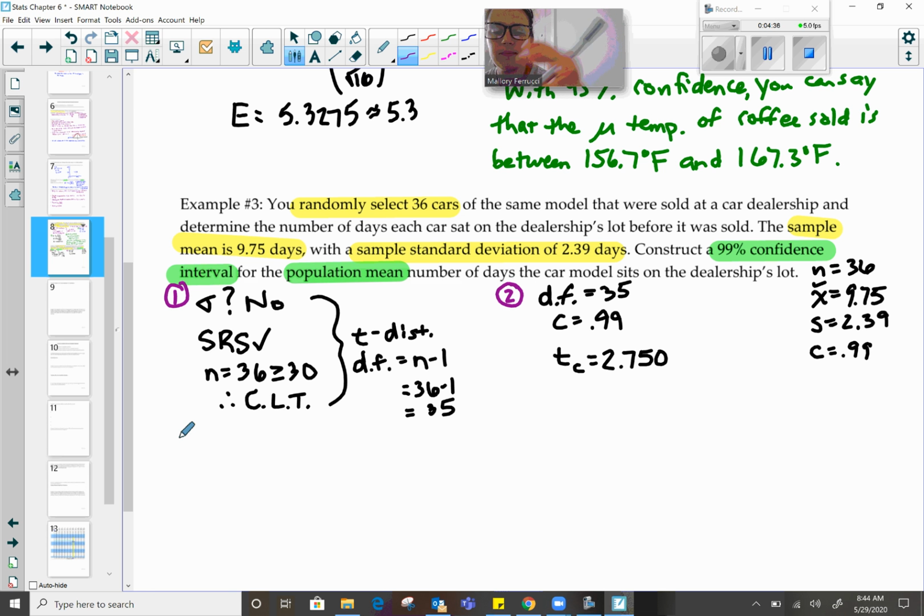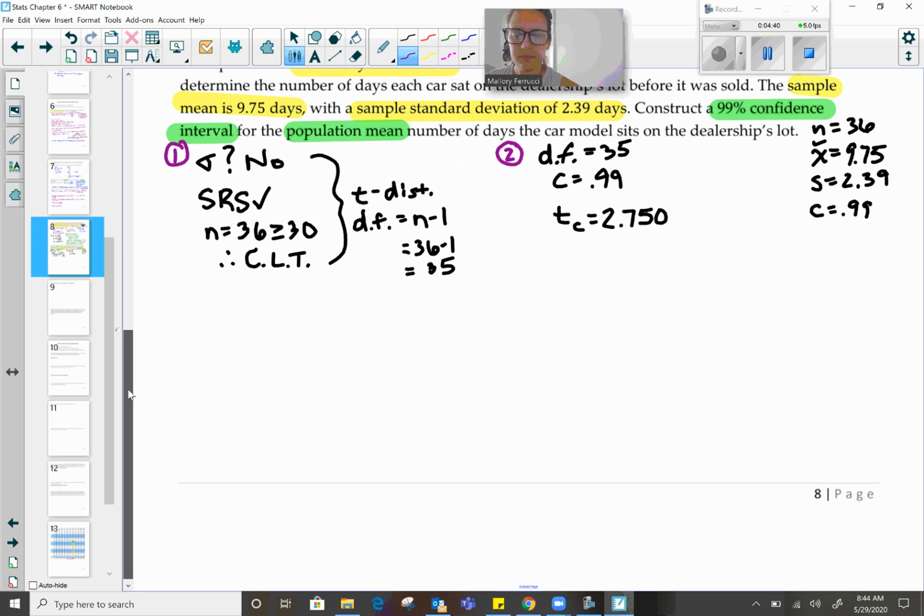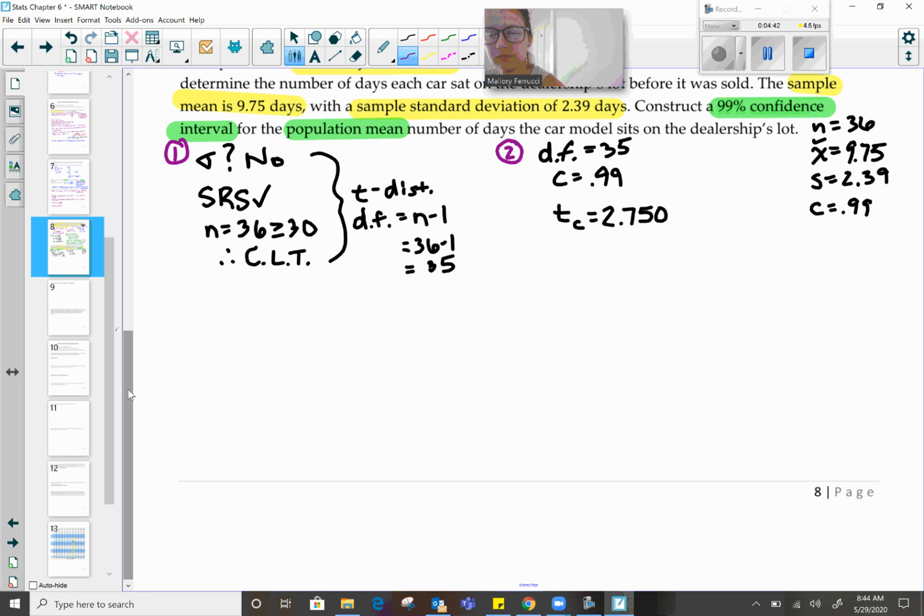Now we're going to find the margin of error, which is E. So that's t sub c times the sample standard deviation divided by the square root of n.